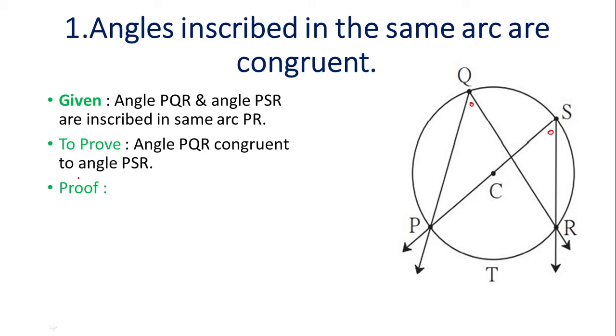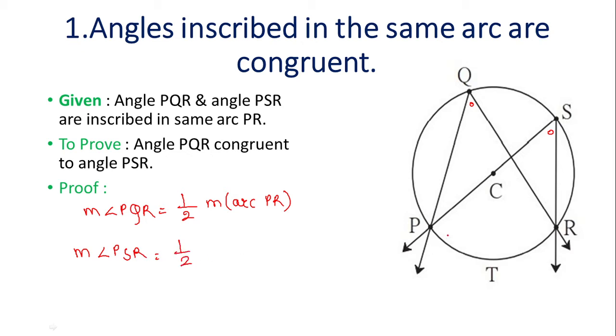Now we have already seen the inscribed angle theorem. What does it say? Measure of angle PQR should be half of measure of arc PTR, or arc PR, in which it is subtended, and the same is applicable for measure of angle PSR.